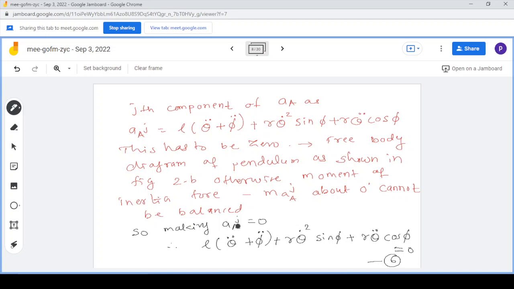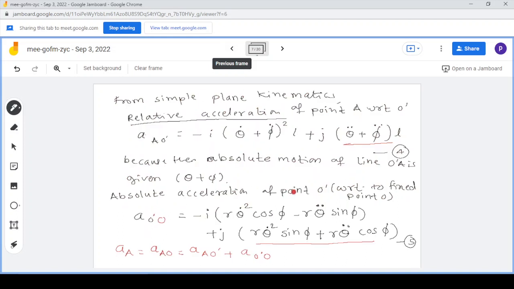And now what is the other expression remaining? Okay, that is the ith component. Now we will focus our attention on this ith component, this part and this part.